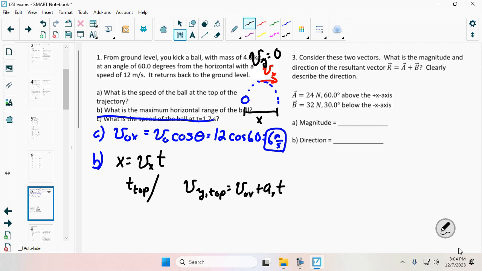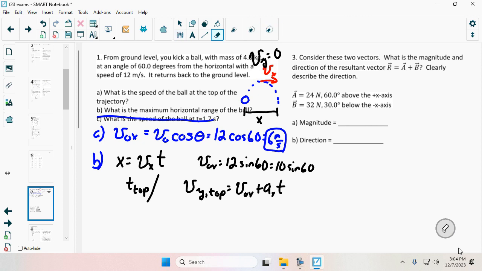V naught y, by the way, is equal to 12 sine of 60. And that's equal to, not 6, excuse me, 10 meters per second. 12 sine 60. Yeah, it's 10.4. We'll just say 10. So V naught y is 10 meters per second.